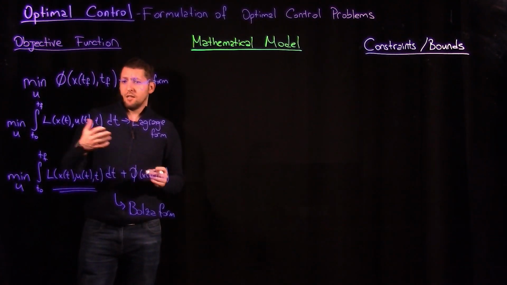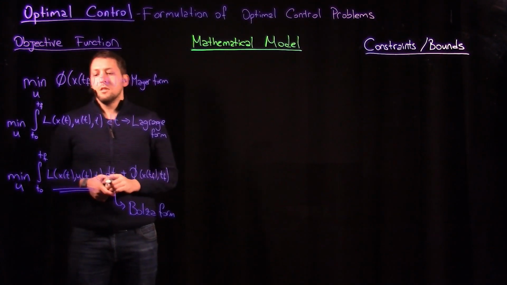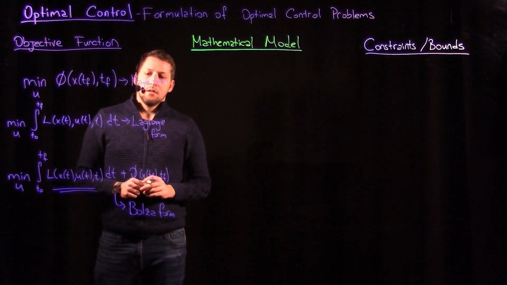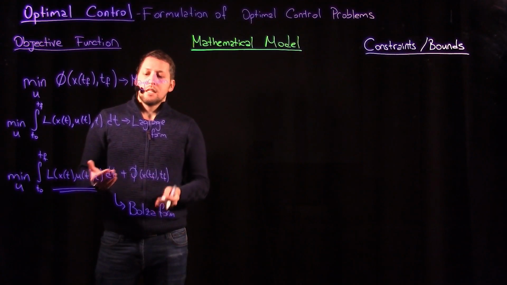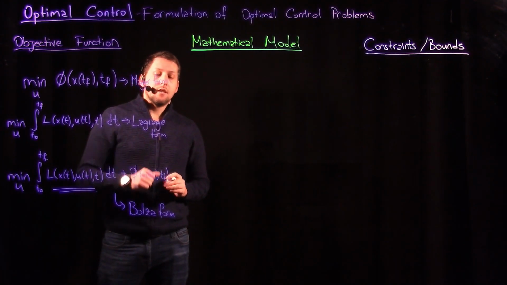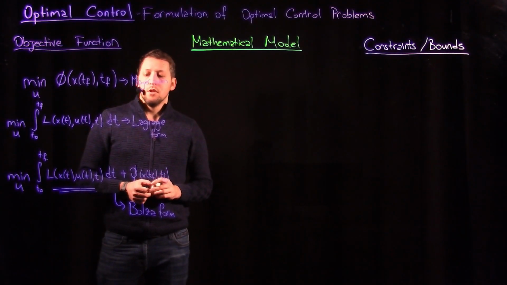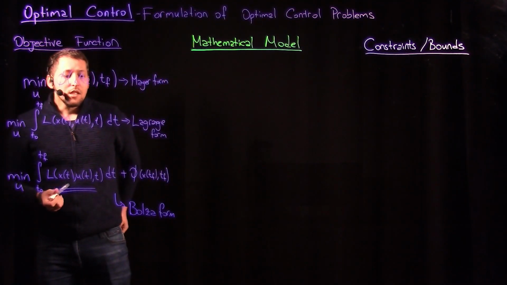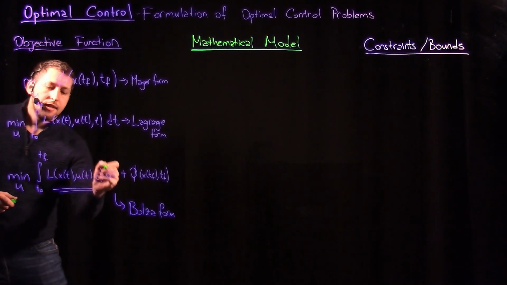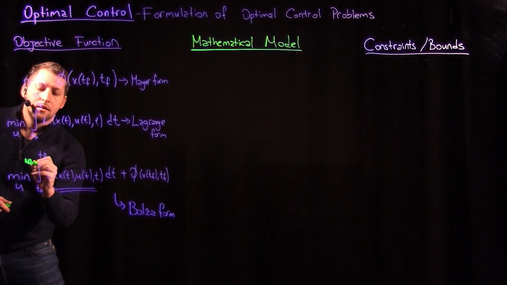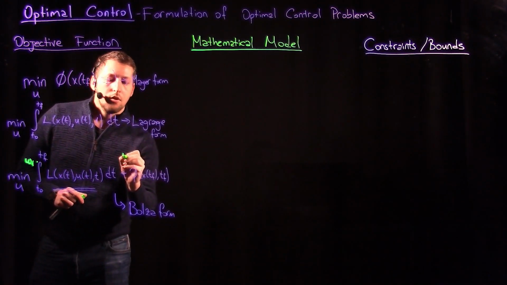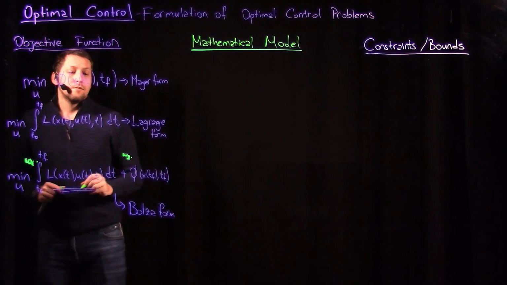Of course, there are some additions that you can make to this. As you can see, the integral part and the terminal cost function here are equally weighted. So if, for example, this terminal value is more important for you, you can add some additional terms. Let's say that this integral part is multiplied with W1 and this terminal cost is multiplied with W2.